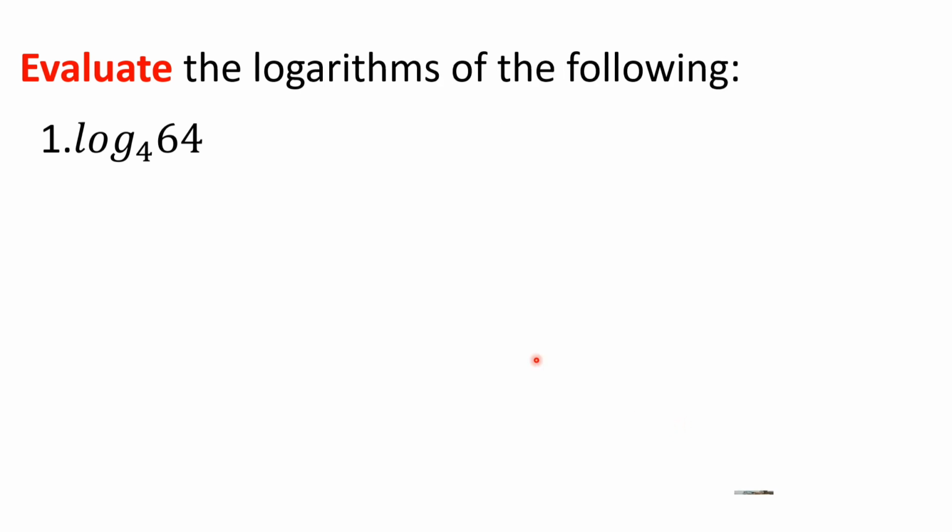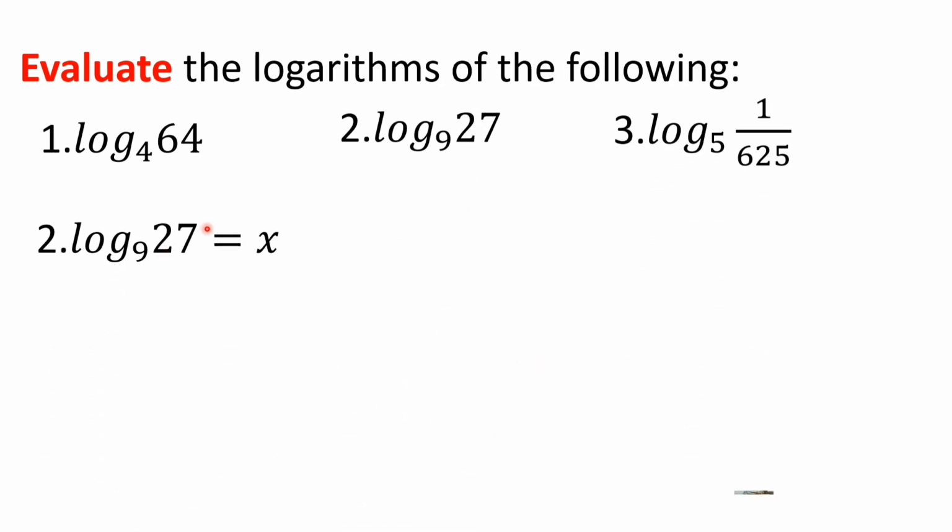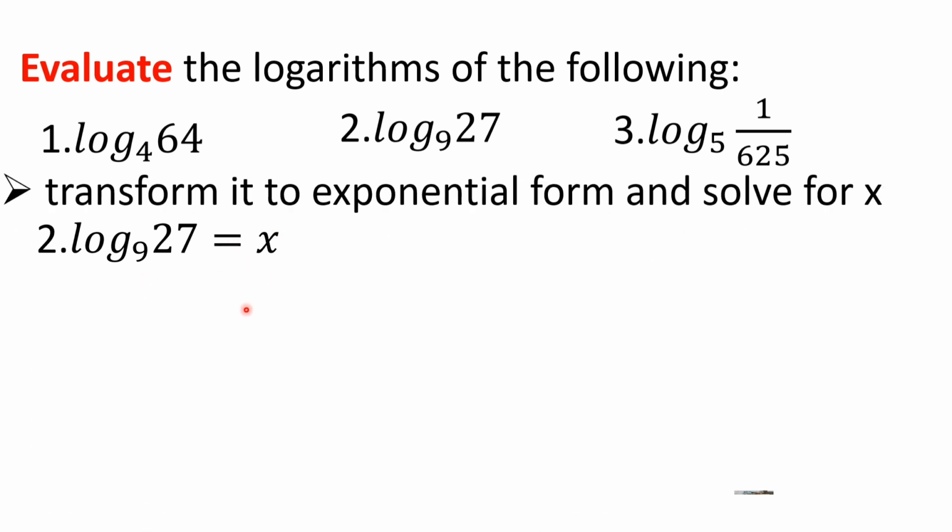Let's proceed. Number 2, log of 27 to the base 9. Again, we will be equating it to x, and as we did in example number 1, we will transform it to its exponential form and solve for x.